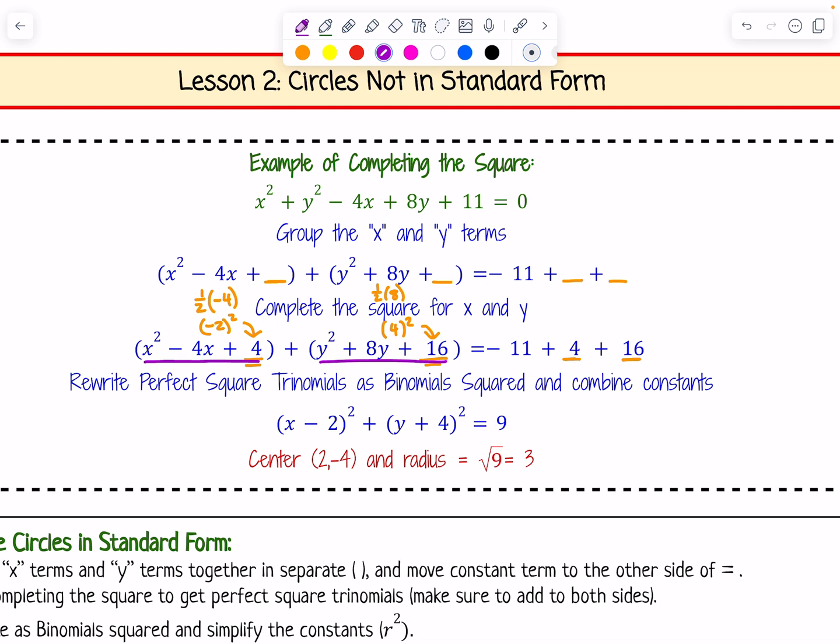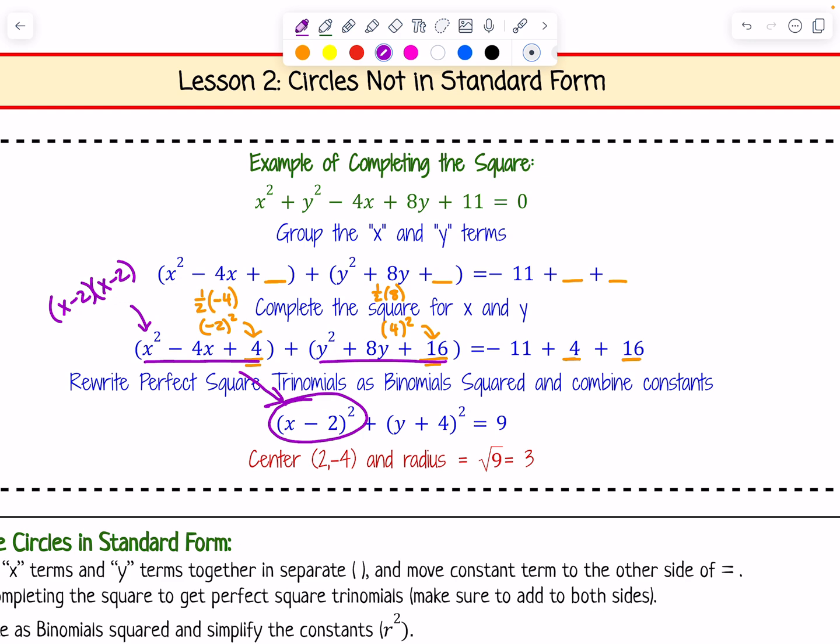X squared minus 4x plus 4 is a perfect square trinomial because its factors are matching. They're identical. So the factors of x squared minus 4x plus 4 are x minus 2, x minus 2, which is why we can write x minus 2 squared in place of that trinomial in that next step.